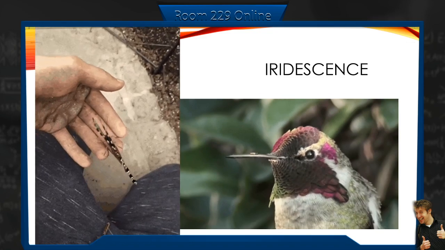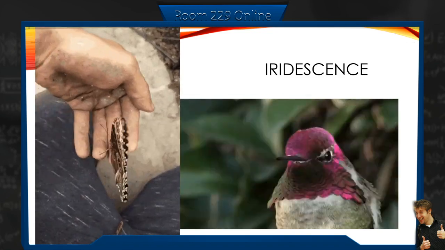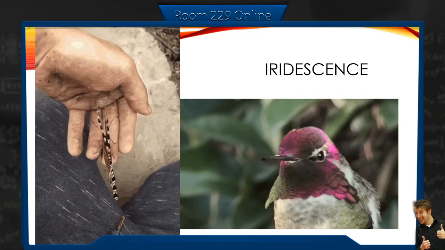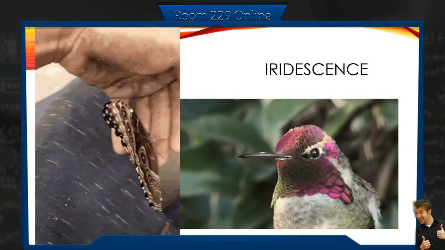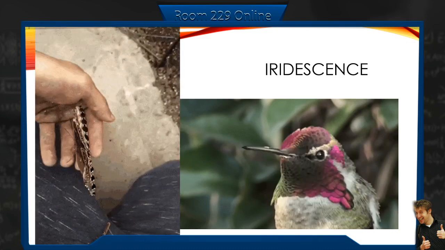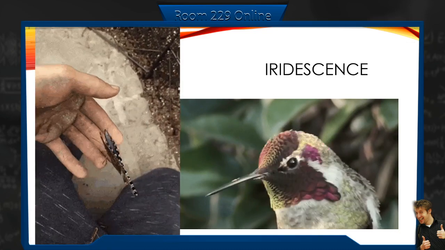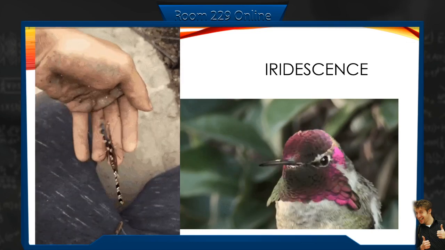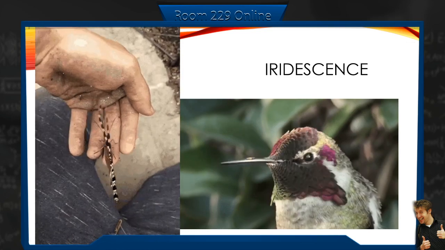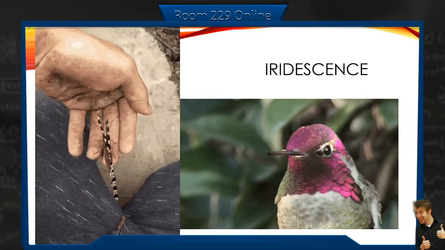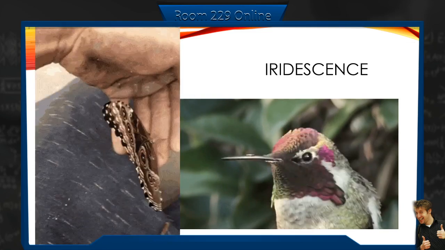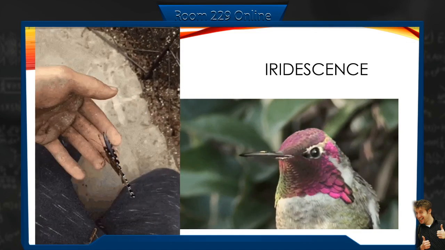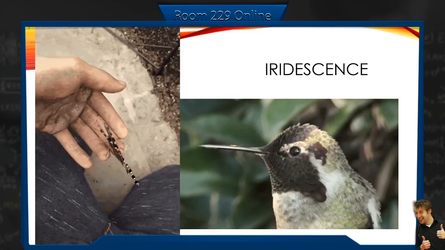These colors are made by nanostructures in their feathers or scales on the butterfly wings that act as a sort of diffraction grating that picks a color for us to see. The blue Morpho is not blue. There's no blue pigment at all there. It is just a reflection through a fancy diffraction grating made of nanoscale things on their feathers or wings.